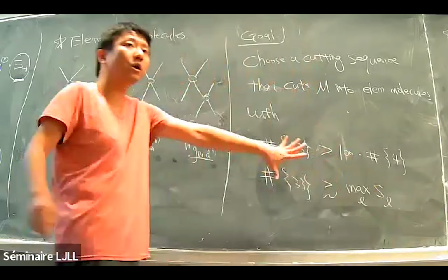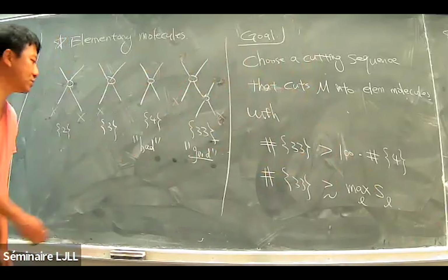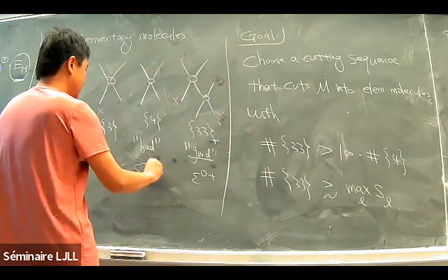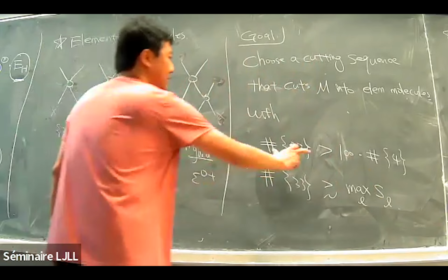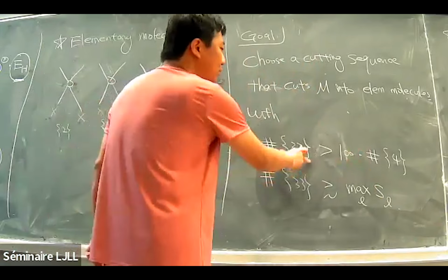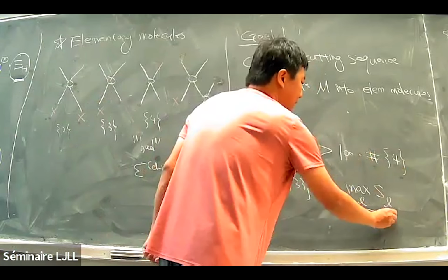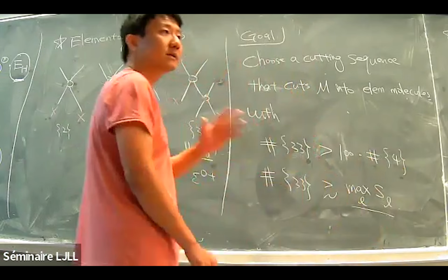Remember, each good molecule gets you a positive power of epsilon, but epsilon goes to 0 plus, this epsilon to the minus d minus 1. Okay, so you need the number of good to overwhelm the number of bad, and the number of good also has to be bigger than the power you want to have on the right hand side.